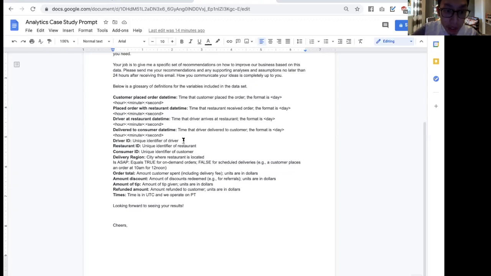And then you have a unique driver ID, a unique restaurant ID, a unique consumer ID, the delivery region, which is the city, the order total, the amount of discount, the amount of tip, the refund amount, as well as times.